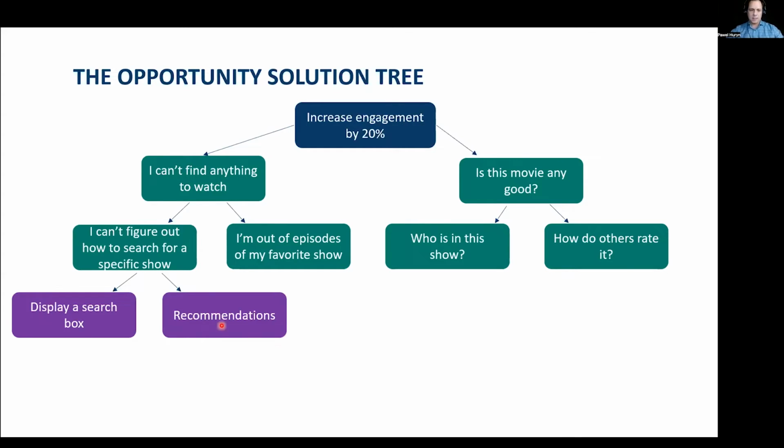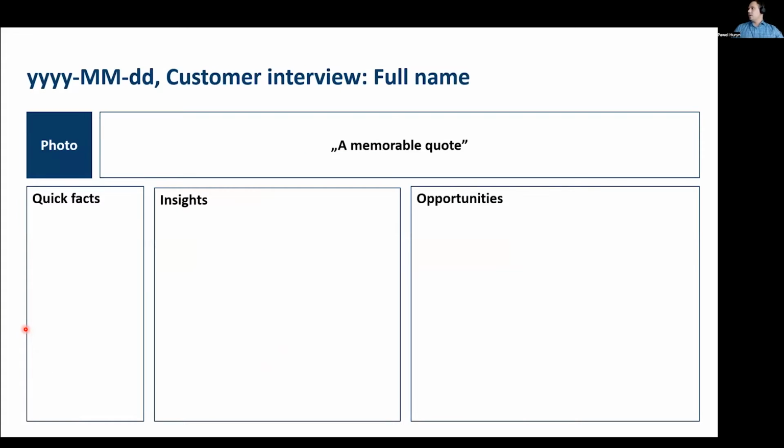To be precise, we don't want to test ideas, but we would like to test assumptions connected to the ideas. And for those assumptions, we need to perform experiments. I will show you in a moment how we can do it. So experiments test assumptions connected to ideas.